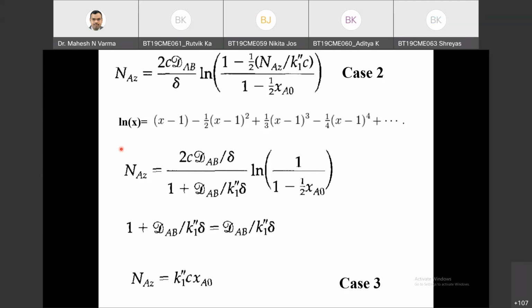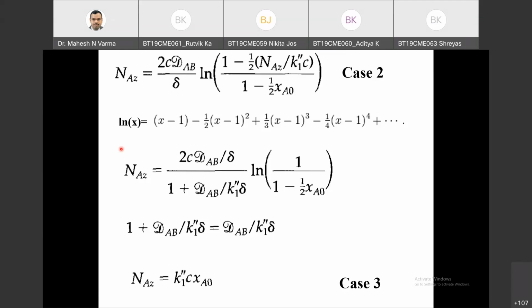Sir, the rate equation will be NZ equal to K1 dash. Yeah, it will be like ln, sir, because when we integrate that equation it will be like ln. No, if 100 molecules are coming and only one molecule is reacting, what will be the concentration profile then? It will be constant, no change in concentration.